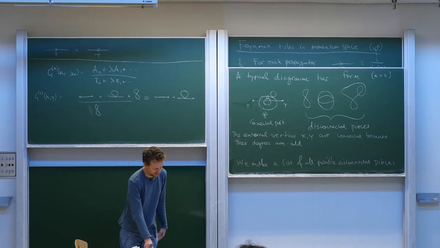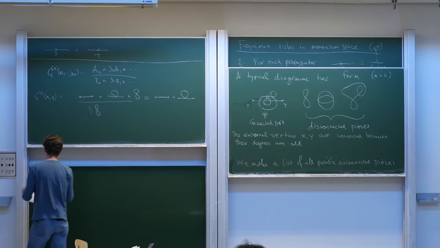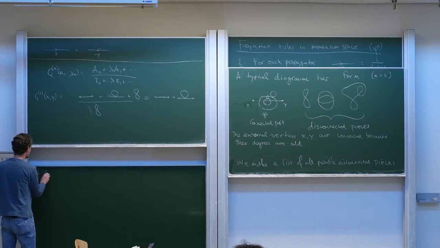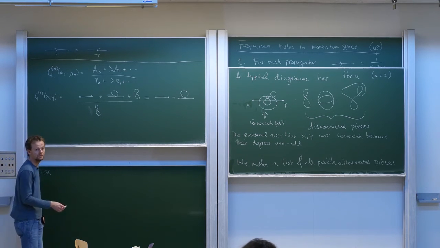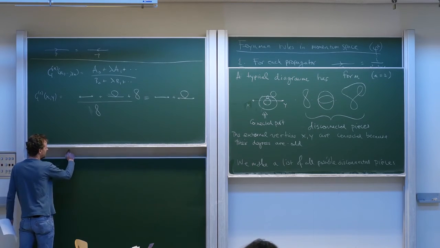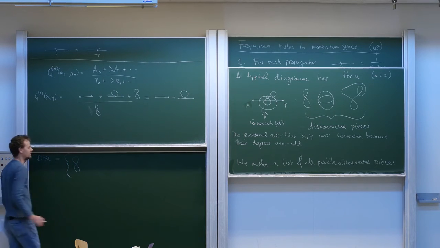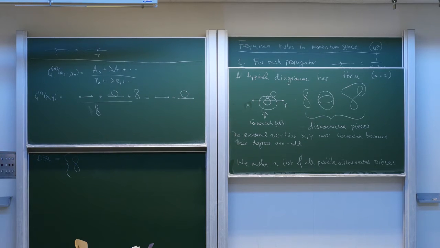It's an infinite list, but it's countable. And we'll start writing out this list now. So Disc, as in disconnected, is a set, and the first element of this set is this diagram. This is the first disconnected Feynman diagram.